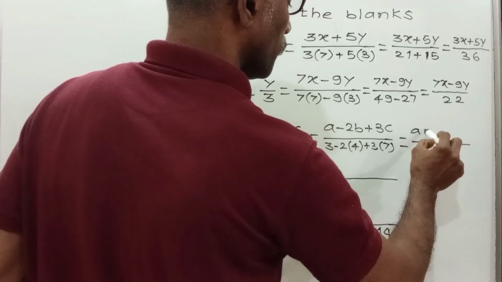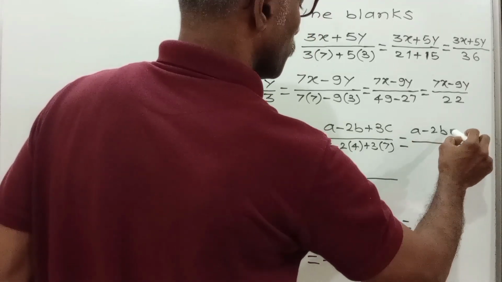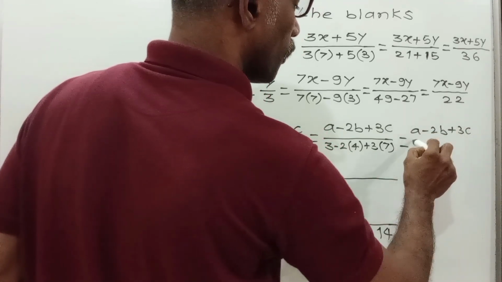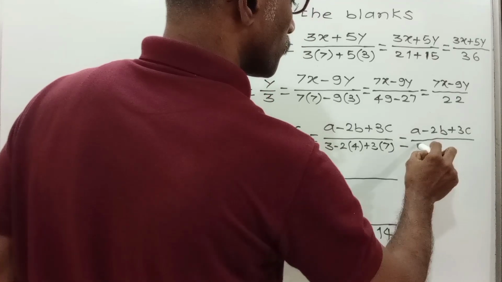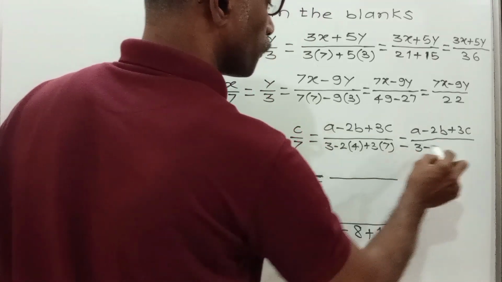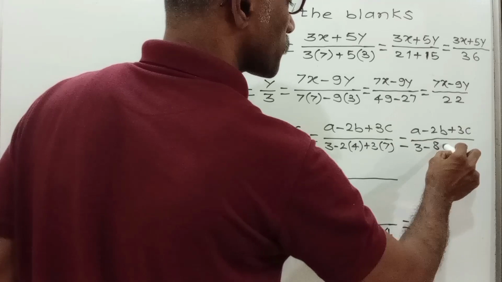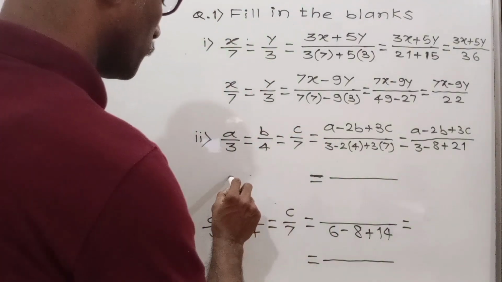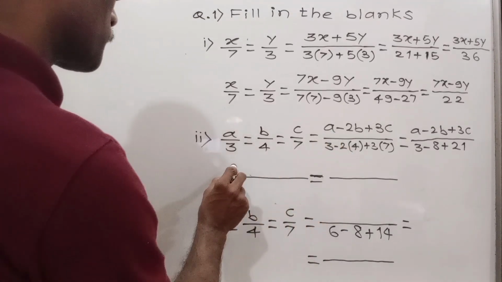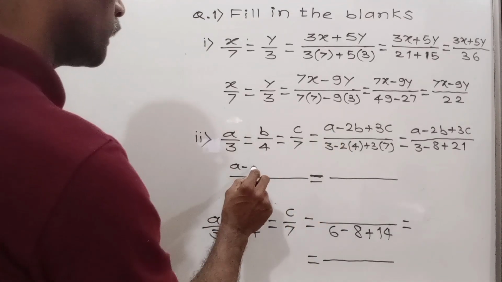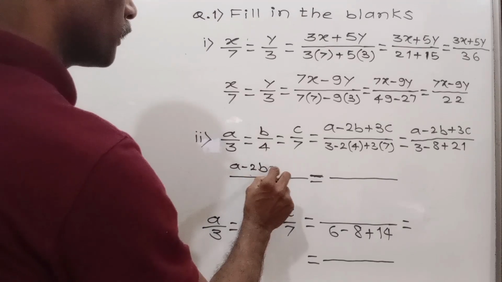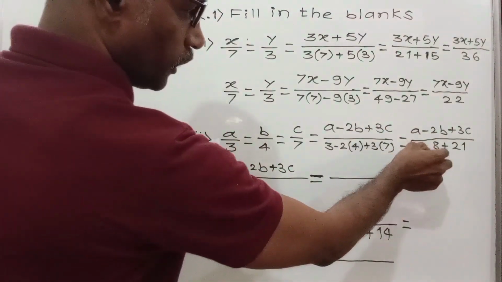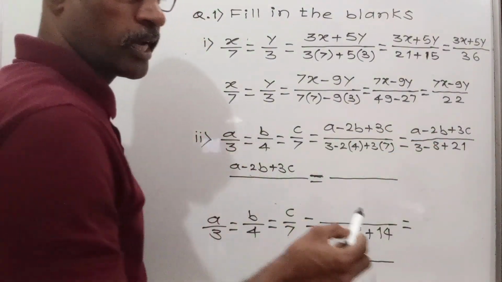Therefore, A minus 2B plus 3C upon 3 minus 2 into 4, 8, plus 3 into 7, 21.